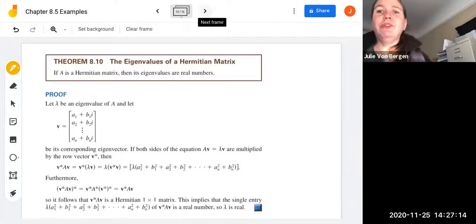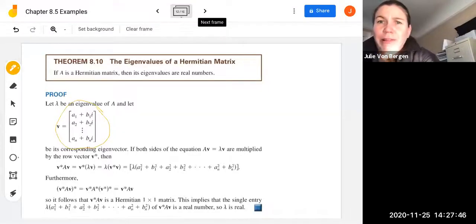So if A is a Hermitian matrix, its eigenvalues are real numbers. Let lambda be an eigenvalue of A, and let v be a complex vector with entries a1 plus b1i through an plus bni, the eigenvector corresponding with lambda.